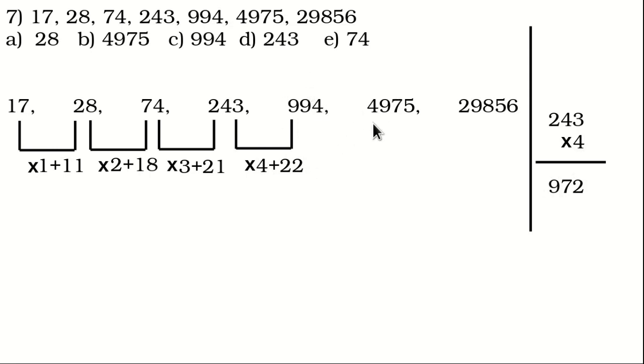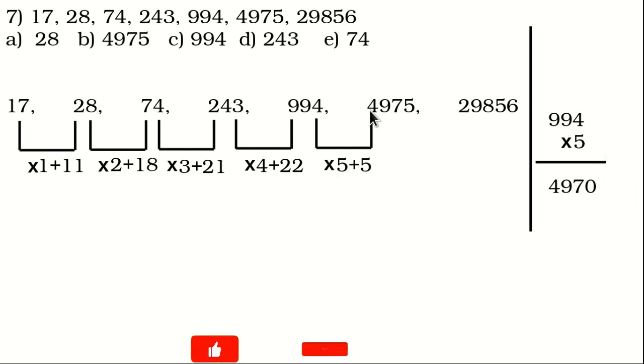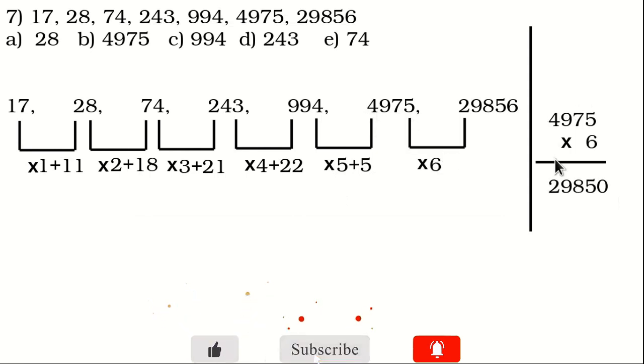So what will be the relation here? 994 into 5 is 4970 plus 5 gives you 4975. So 4975 into 6 is 29850 plus 6 is 29856. Is there any relation among these numbers 11, 18, 21, 22, 5 and 6?